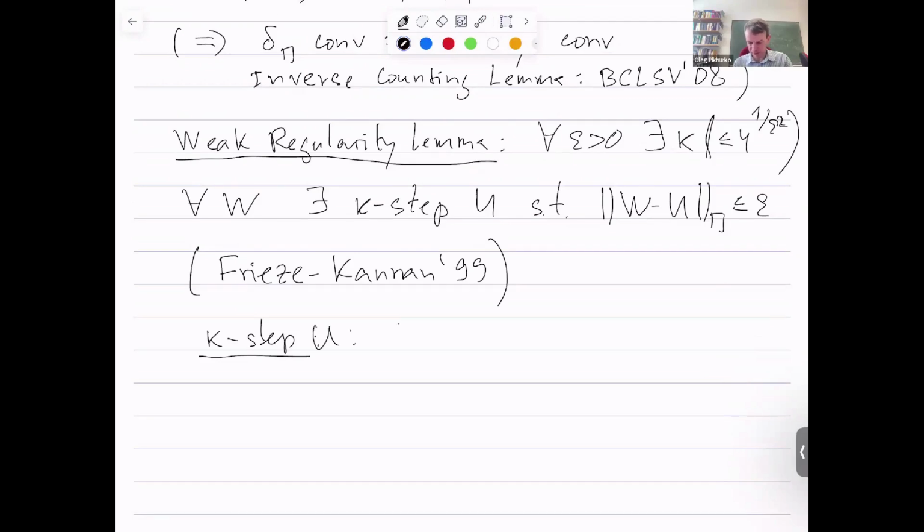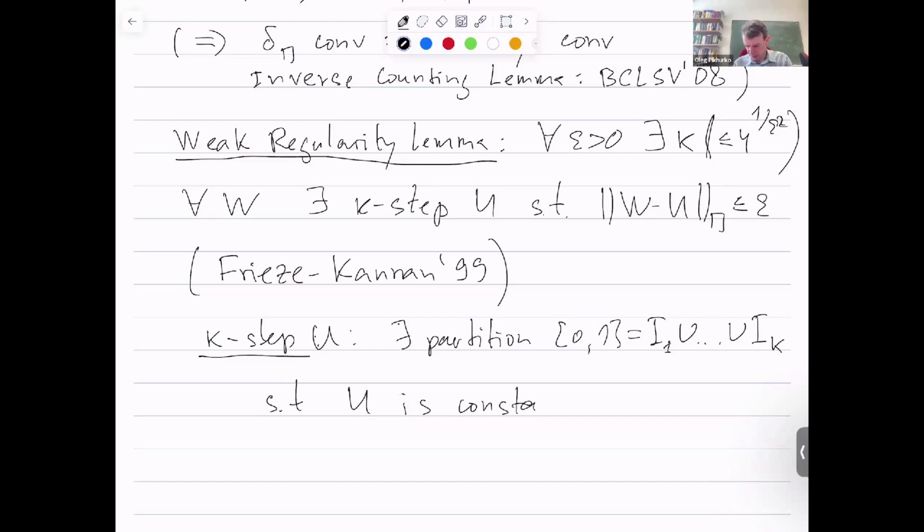U means I have some partition. So the interval [0,1], I can partition into some k parts. They need not be intervals, they could be any measurable sets. I have k of them such that U is constant on every product I_i times I_j, for every i and j.